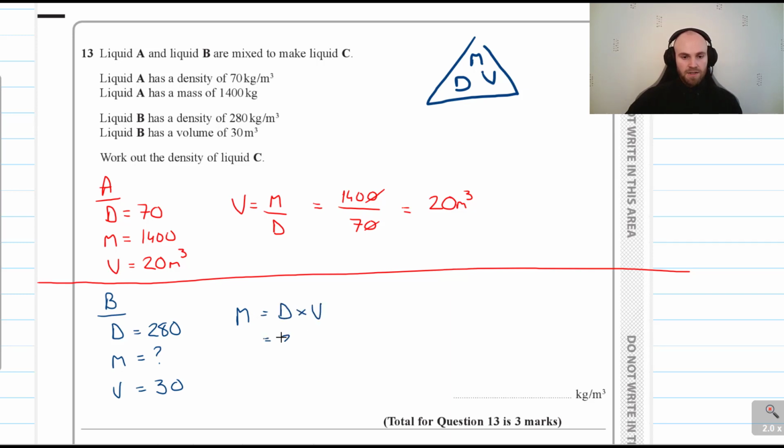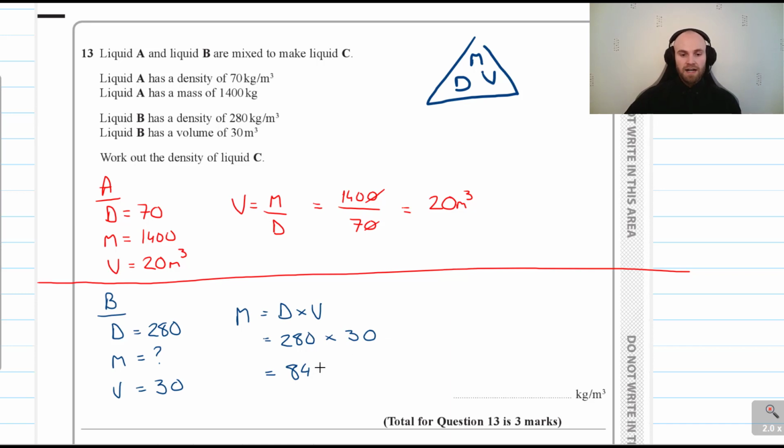Well, the density is going to be 280. The volume is going to be 30. And in order to do this quickly, you could do this with a multiplication grid if you wanted to, or something like that, but I would just ignore these zeros for now and look at 28 multiplied by 3. Well, 28 plus 28 is going to be 56. And then add a third 28 is going to be 84.